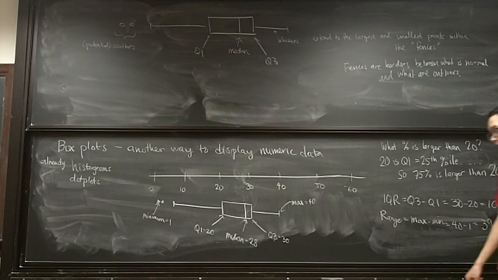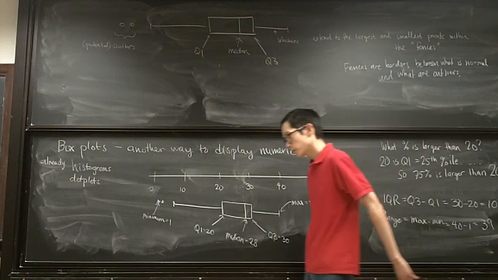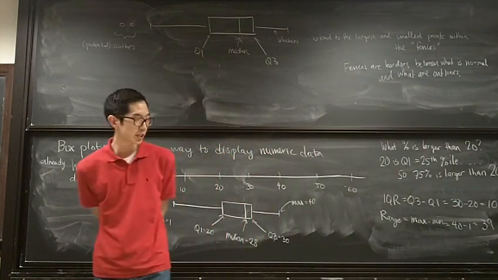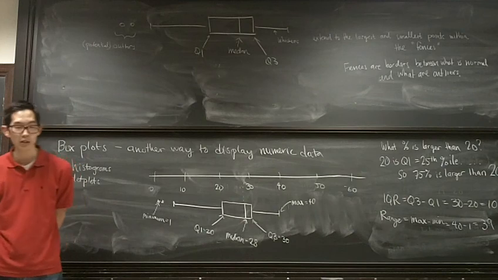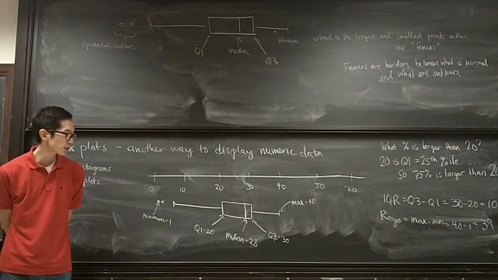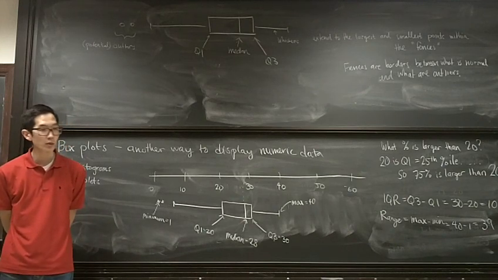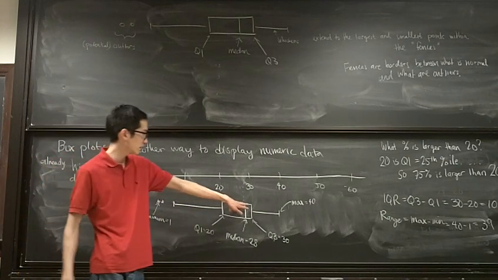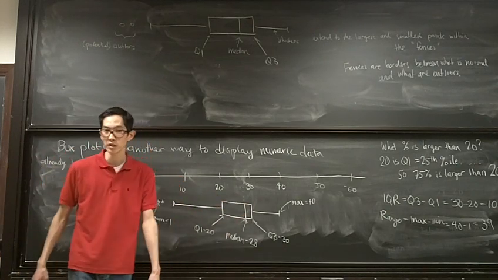What percentage of data is between 28 and 30? Don't shout it out. What's in this tiny little slice here? What percent?